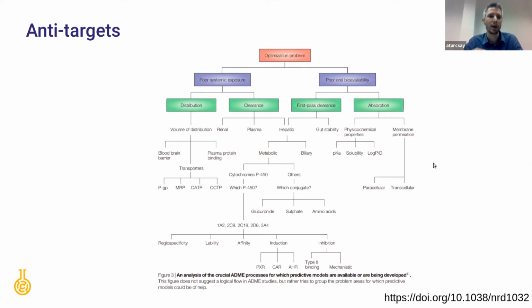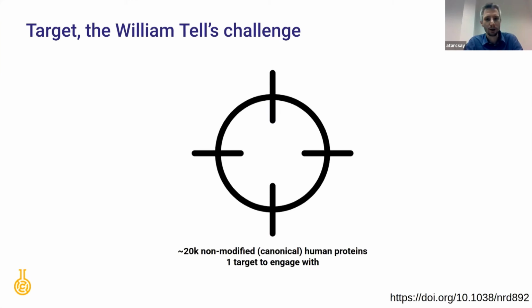So we have several anti-targets in our system, while in principle, in the case of target-based drug discovery, there is another branch, the phenotypic screening. But in most cases, we know what the target is. And in most cases, we have only one target to engage with, while there are several others, up to approximately 20K proteins in the human body, that we want to avoid interaction with, to decrease the adverse effects and toxicological outcomes.